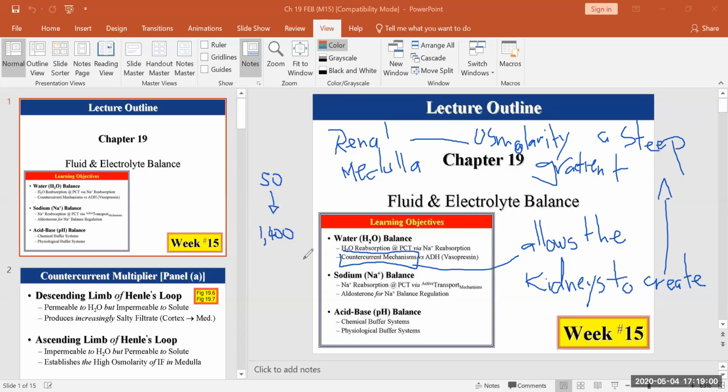And we're going to talk about that also in the animal kingdom, where some animal species can concentrate their urine even further. Camels, for example, can concentrate twice as much as humans. And there's a species of mice that can concentrate close to 10,000, to the point where they don't need to drink water.